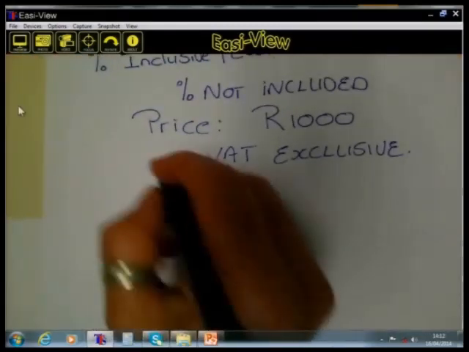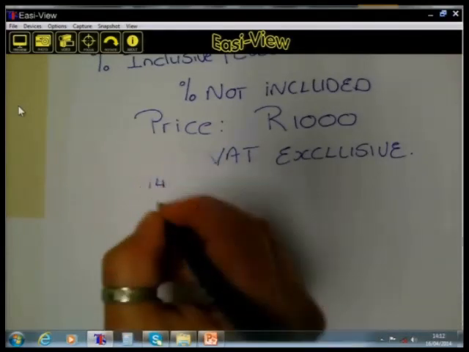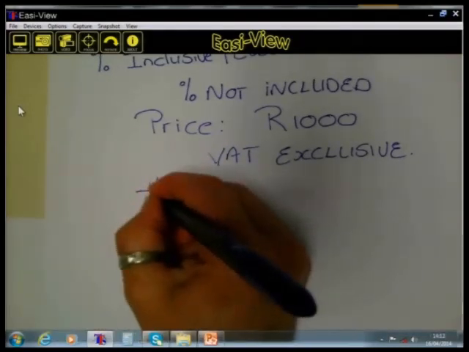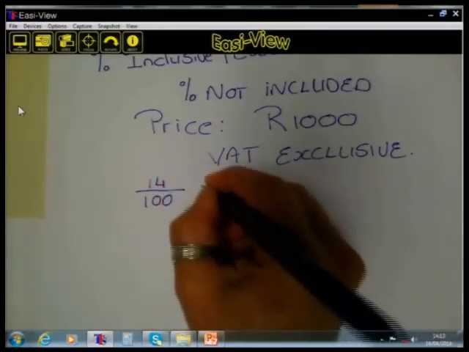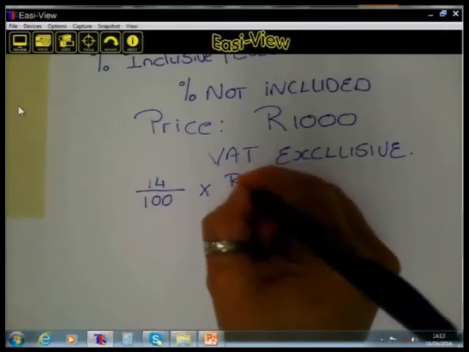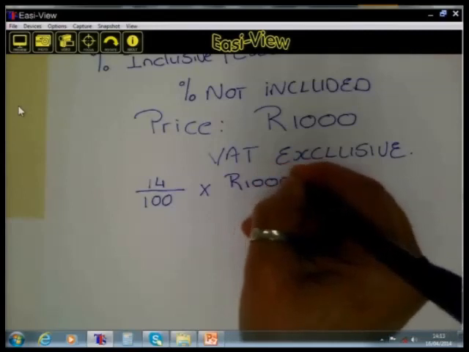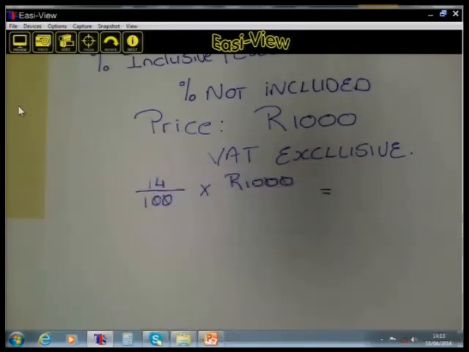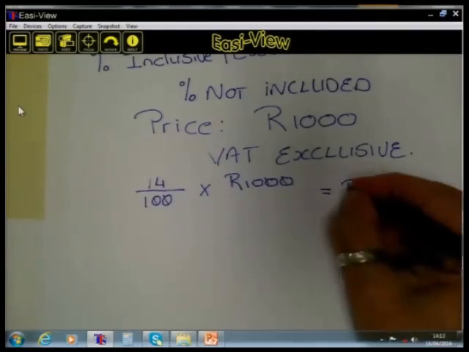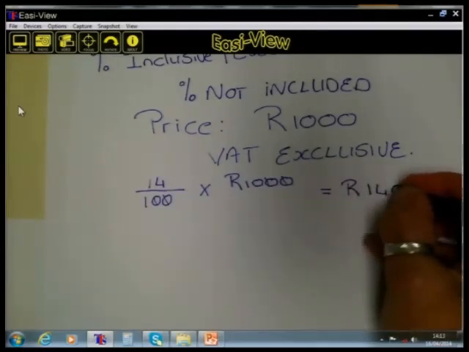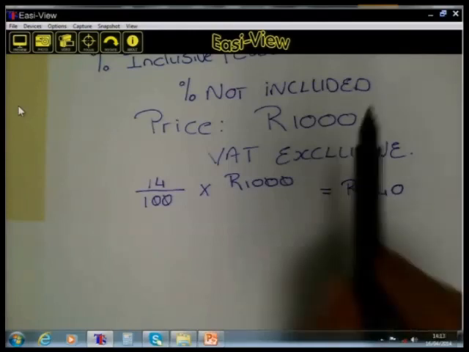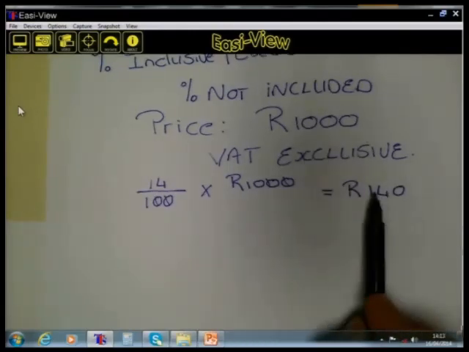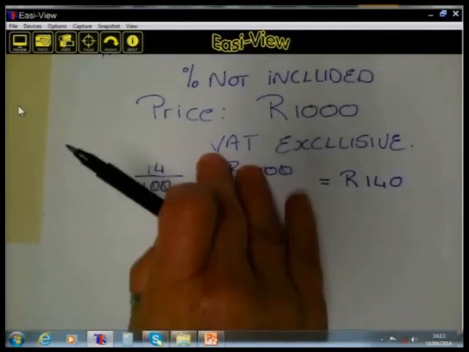It is a simple calculation where we simply say, remember VAT is 14%, 14 over 100 multiplied by 1,000 rand, and we see then that the VAT payable is 140 rand. So, the cost price of the article is 1,000 rand. The VAT is 140 rand.